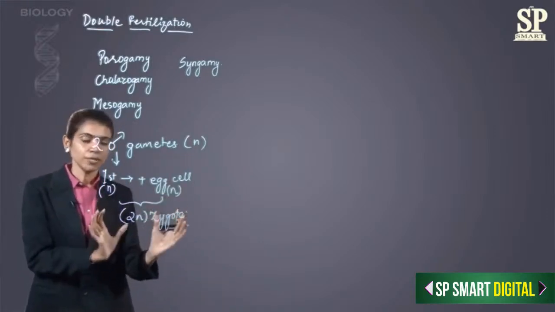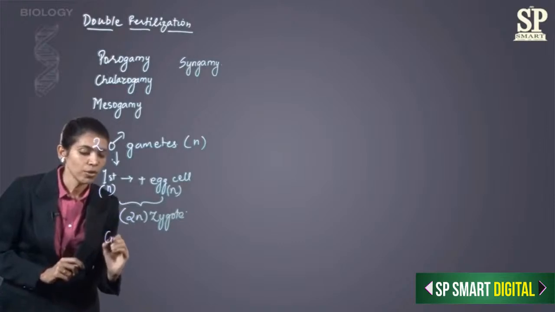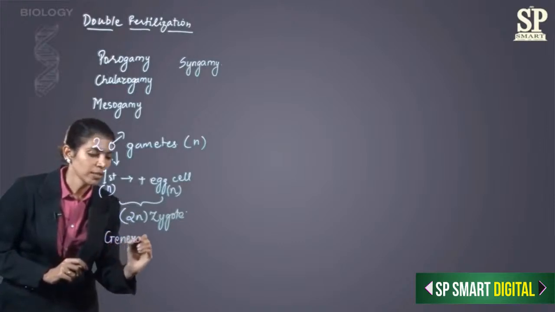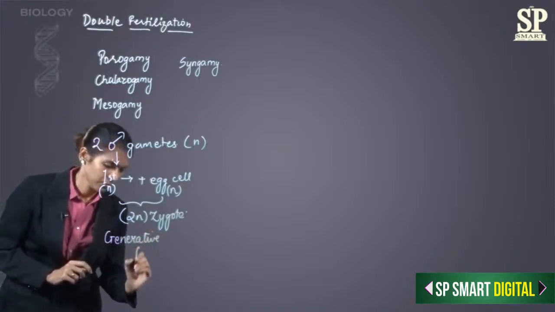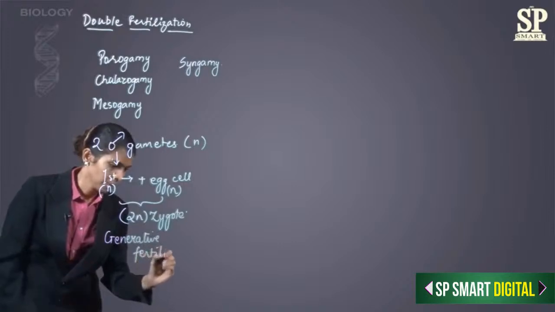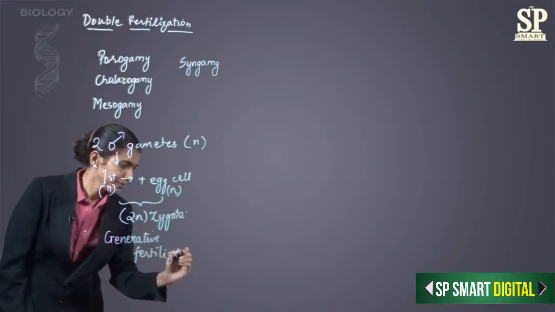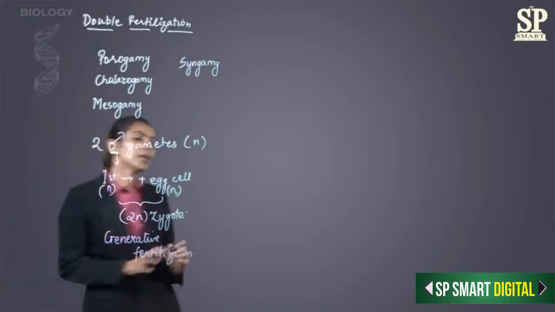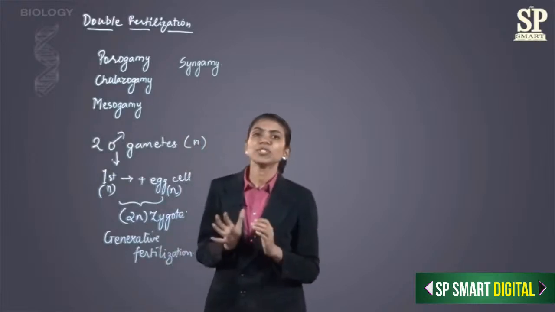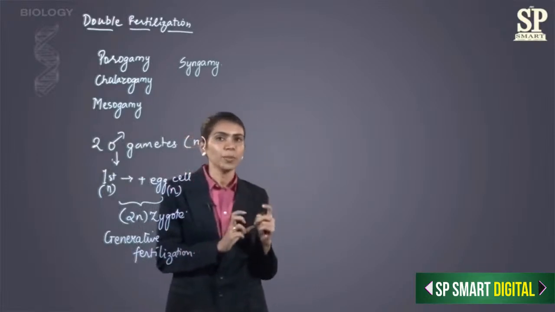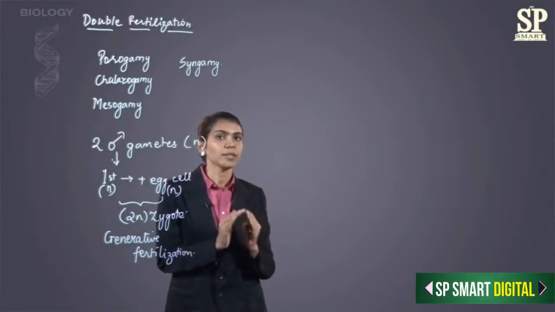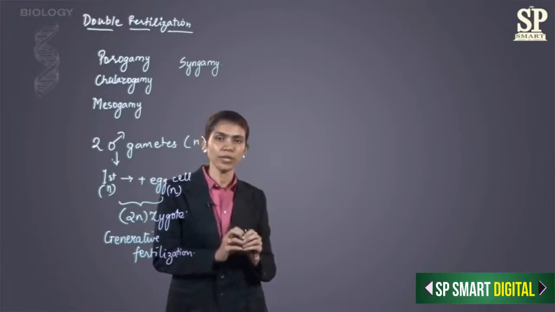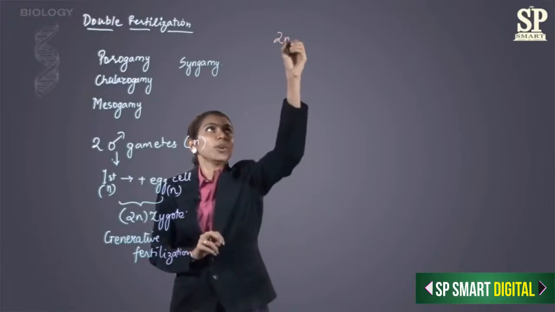So this is the first fertilization. This is also called generative fertilization. Now the second male gamete travels further. If we remember, there is a central, secondary nucleus in the center of the embryo sac, which is diploid.